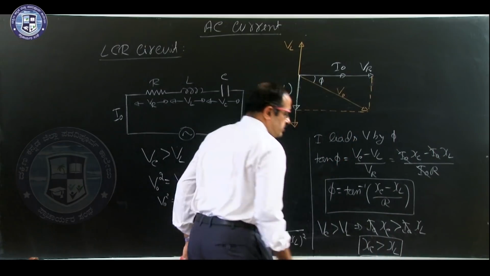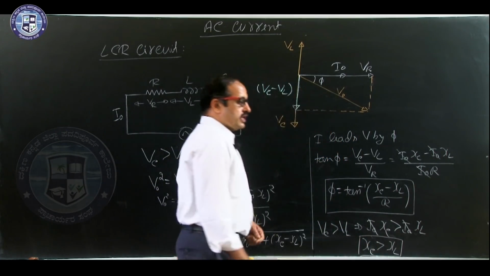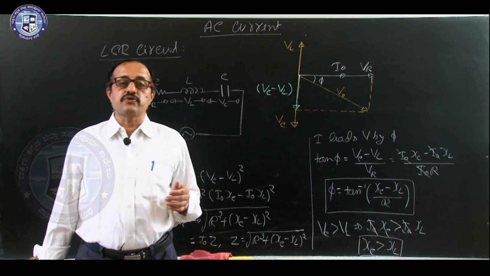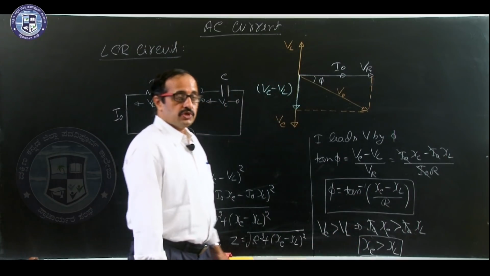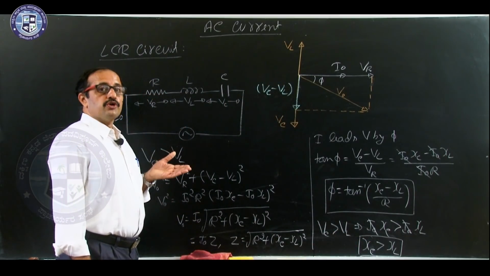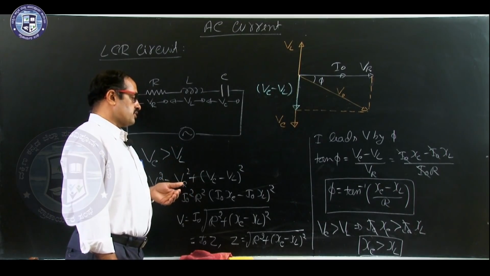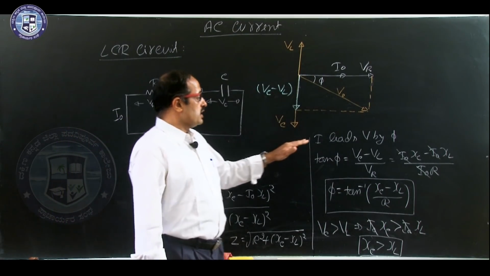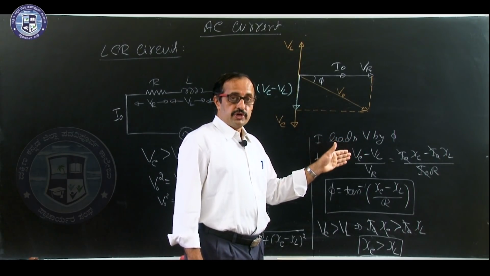Look here, in this case, which reactance is more? Capacitive reactance is greater than inductive reactance. Circuit is governed by capacitor. Capacitor property dominates. What is the property of capacitor? The property of the capacitor is I leads V, remember, that is the property.